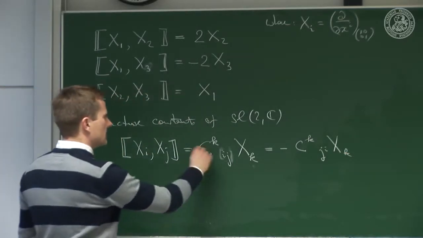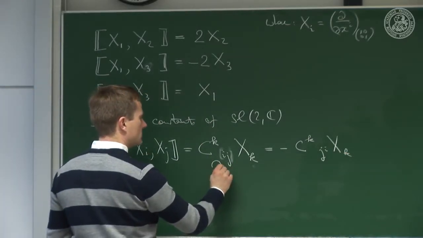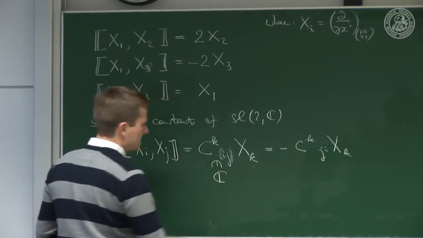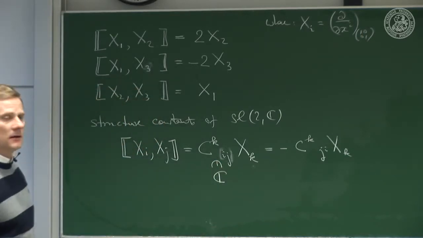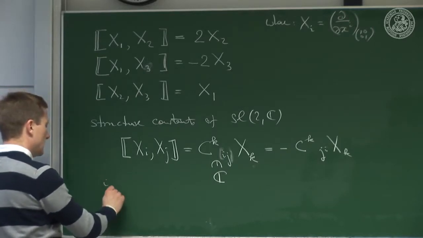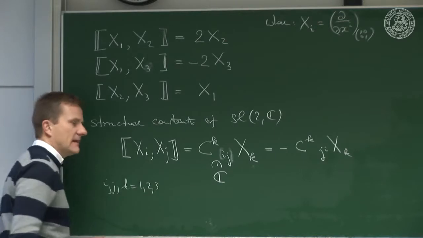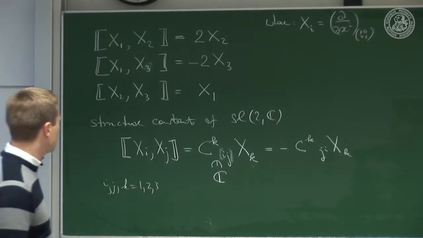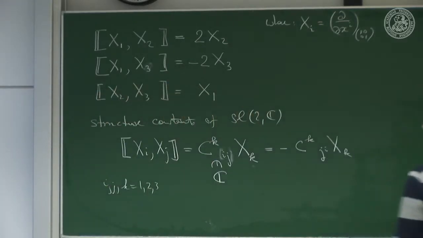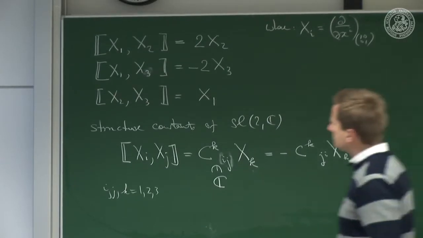Okay, and these guys are the structure coefficients, and because we're dealing with a complex Lie algebra, these are simply a collection of complex numbers, and i, j, k run over the labels of the basis vectors. Those are the structure constants.